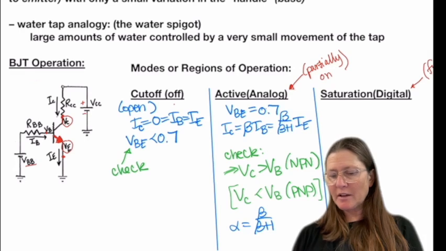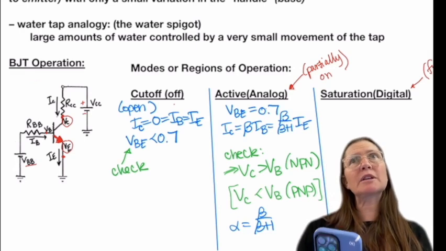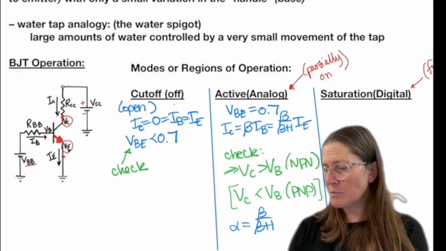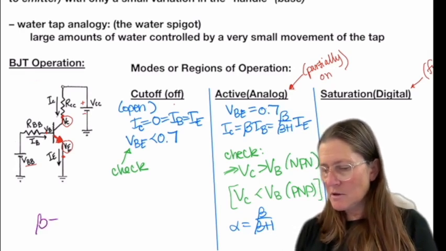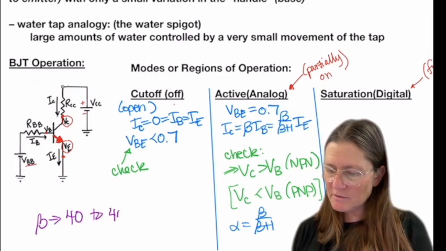Beta is a property of the BJT based on the doping that it has, and it can range anywhere from 40 to 400.